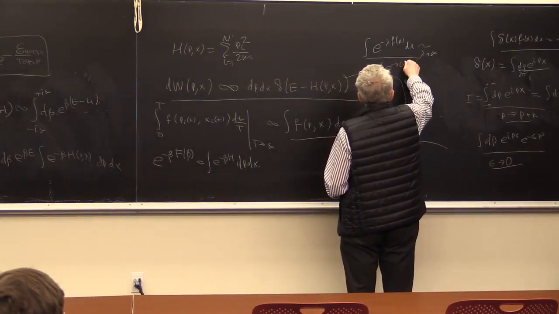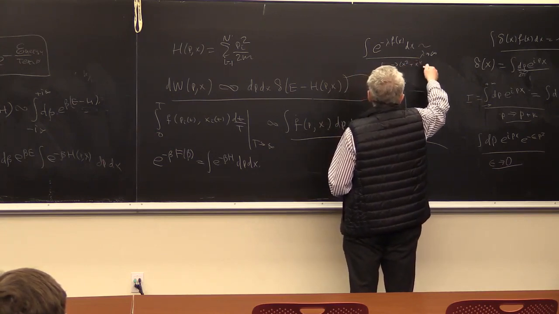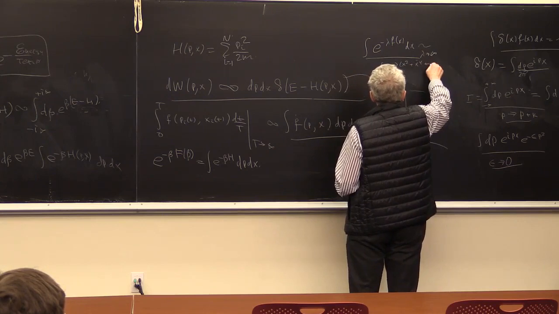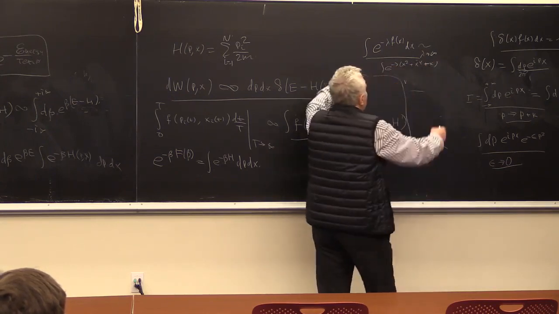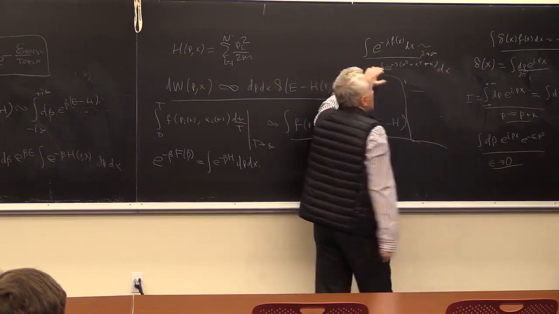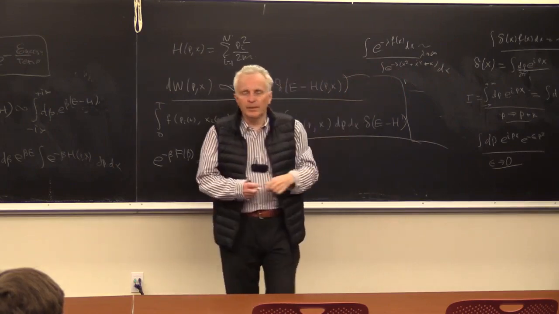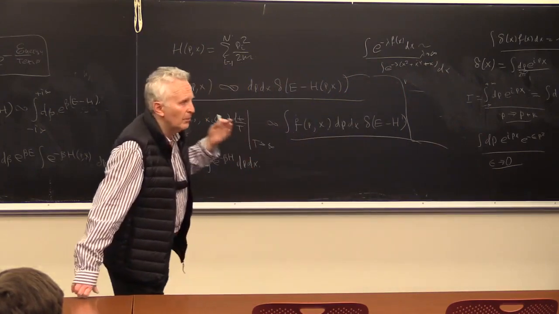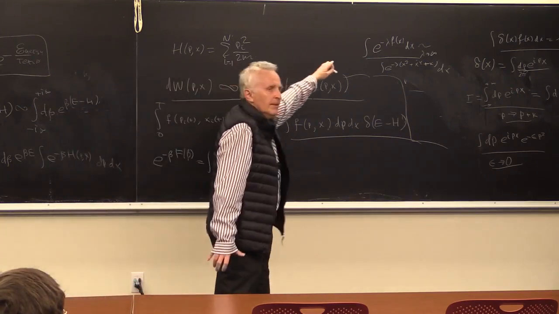Suppose I have x squared plus x to the fourth plus x, whatever, with arbitrary coefficients, dx. I claim that you can find the limit lambda to infinity in a simple way. What do you think? How to deal with such integrals?